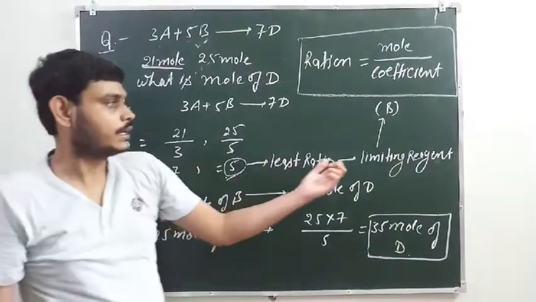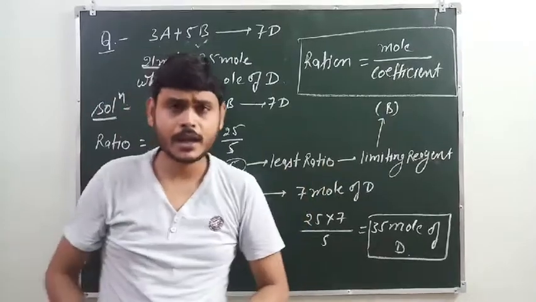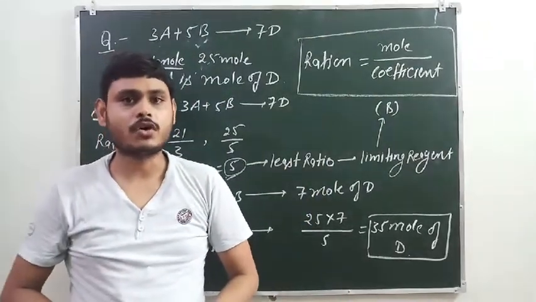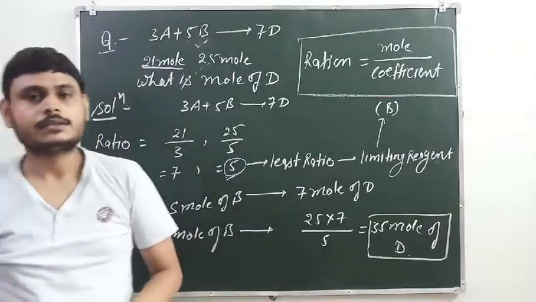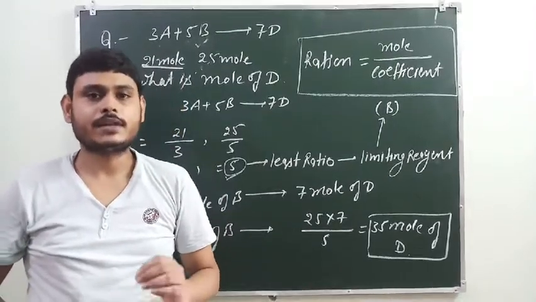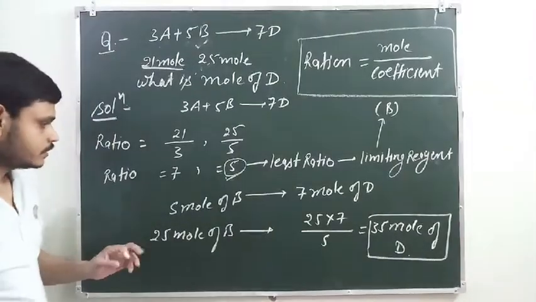So the limiting reagent is reactant B, and we know that the reaction occurs on the basis of the limiting reagent. It means that as soon as the limiting reagent is finished, the reaction stops.